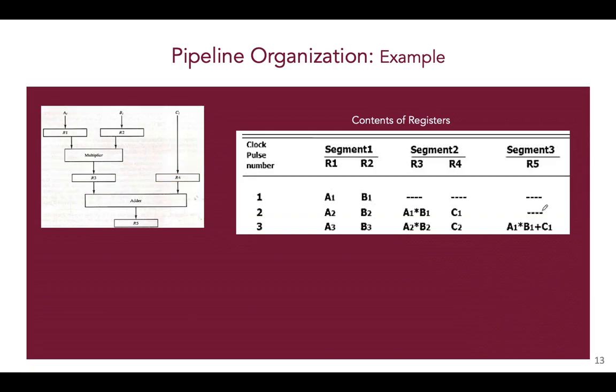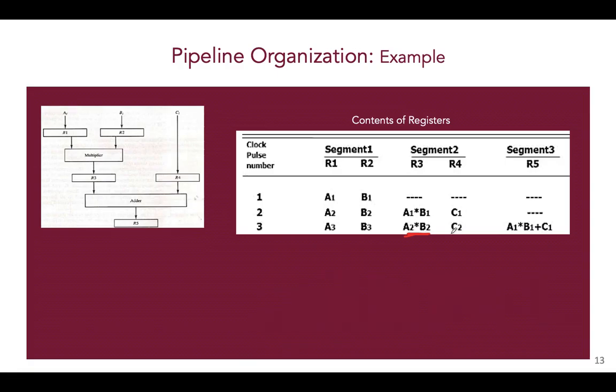And then clock pulse 3 comes. What happens then is the segment 1, R1 and R2 will then receive the next inputs in the line, which are A and B, but for I is equal to 3 this time. The previous contents of R1 and R2 will move on to the next segment after multiplication. This is what happens here.